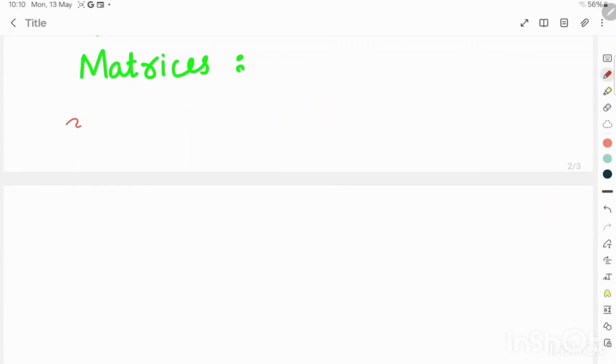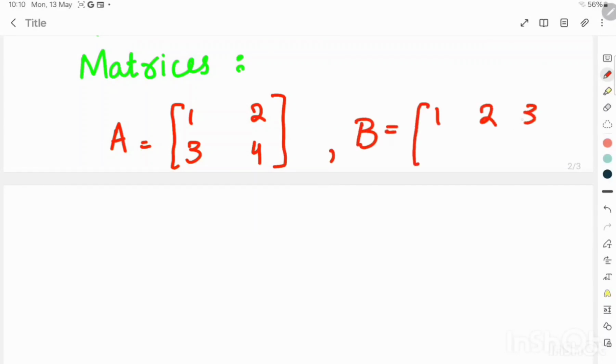Here two matrices are given, and matrix B is 2 3 4 5 6.